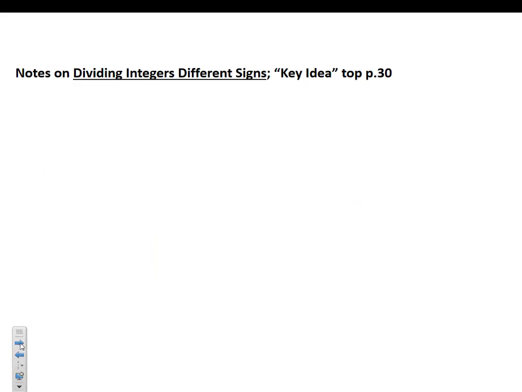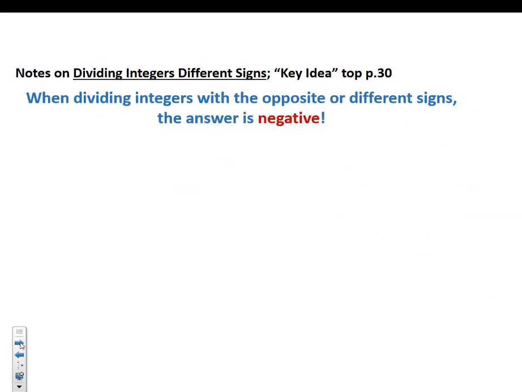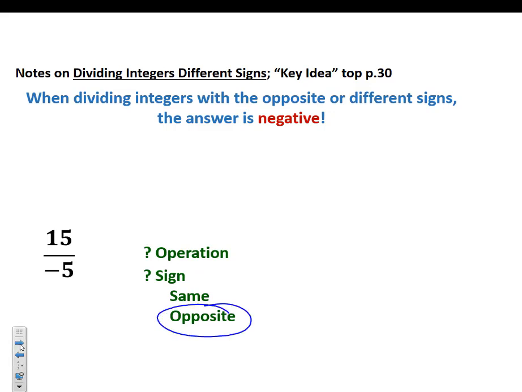Alrighty, so you've taken the notes on dividing integers with different signs, and again, they're exactly the same as multiplying. So when you're dividing integers with opposite or different signs, the answer will be negative. So when we take a look at 15 divided by a negative 5, we're dividing, the signs are opposite. We looked at our operation, we looked at our sign, they are opposite.